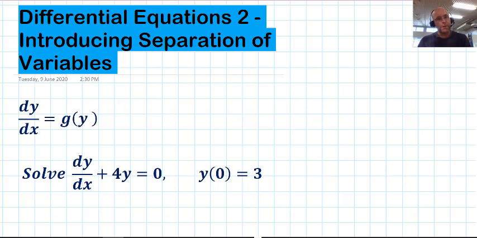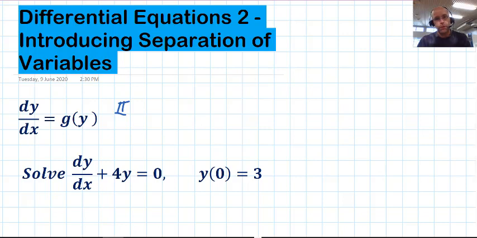Video 2 on differential equations, and in this one we're going to introduce the separation of variables method as I outlined in the first video, and in particular we're looking at what I call type 2 in my little system, and it's when dy/dx equals some function of y.